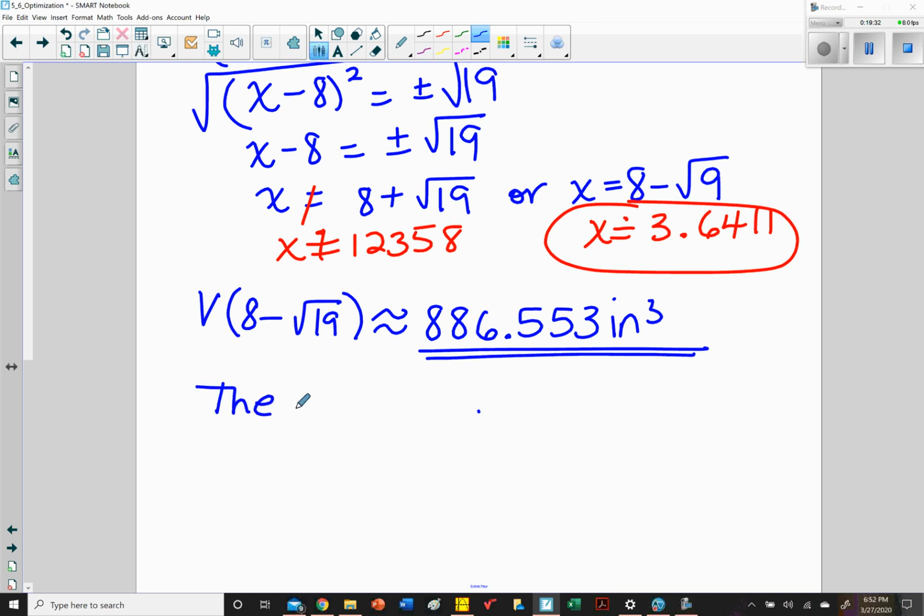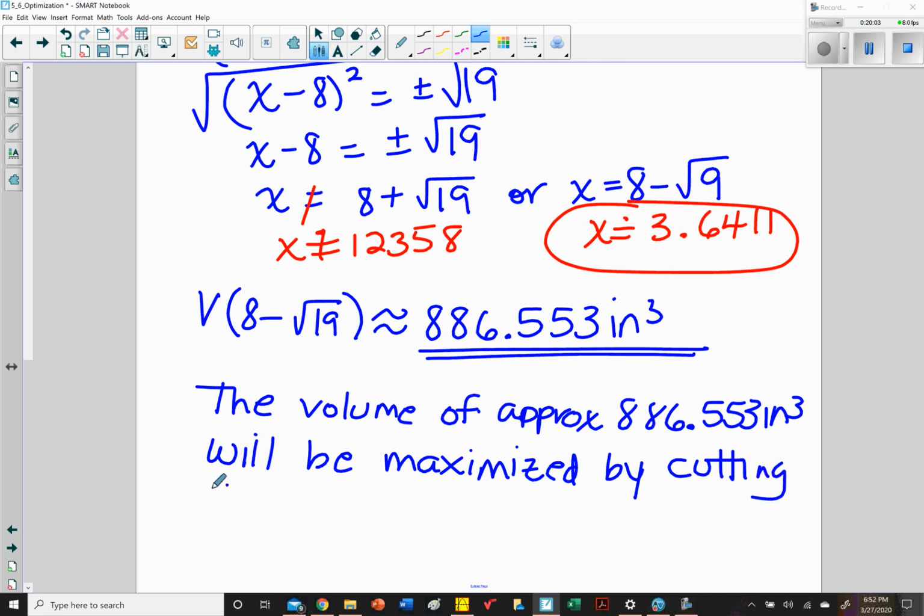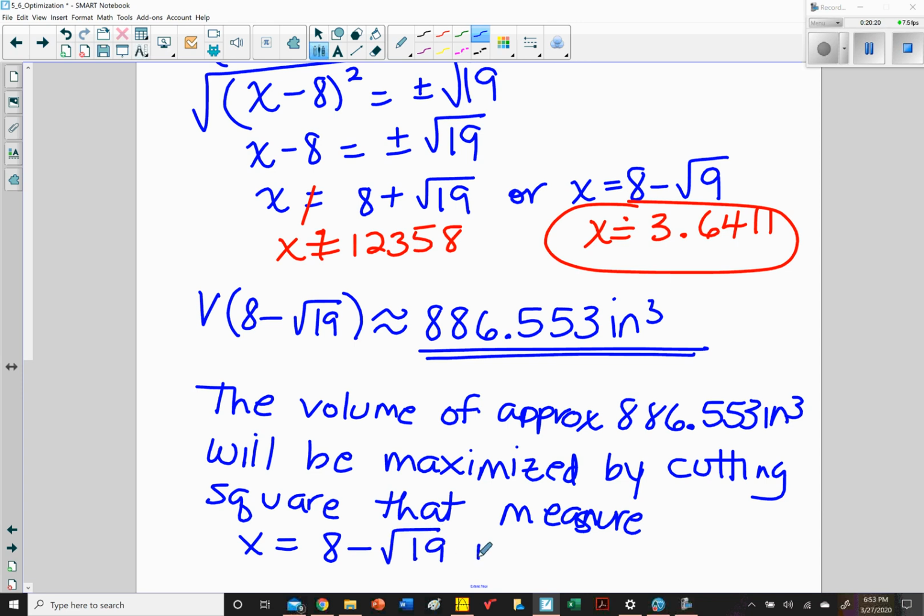Something like: the volume of approximately 886.553 cubic inches will be maximized by cutting squares that measure 8 minus the square root of 19 inches.